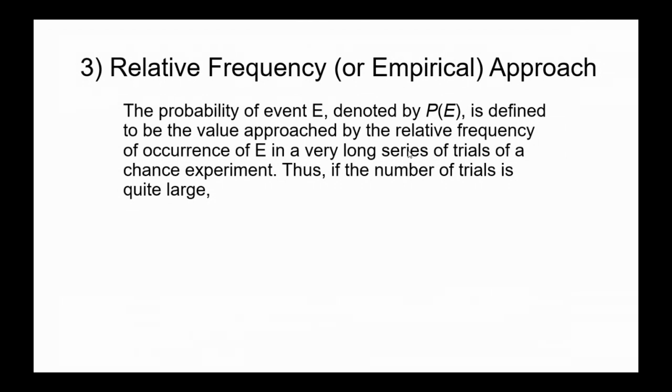So this would be like if we stood here and flipped a coin 2,000 times. Overall, we would expect the frequency that we got heads to be 1/2. Relative frequency would be 1/2. If we just flipped it 10 times, it probably won't be close to 1/2.